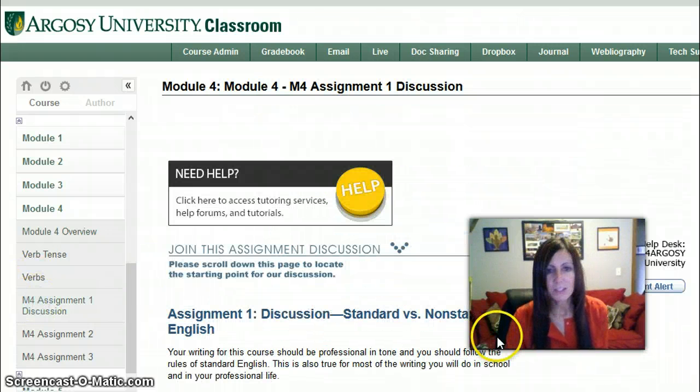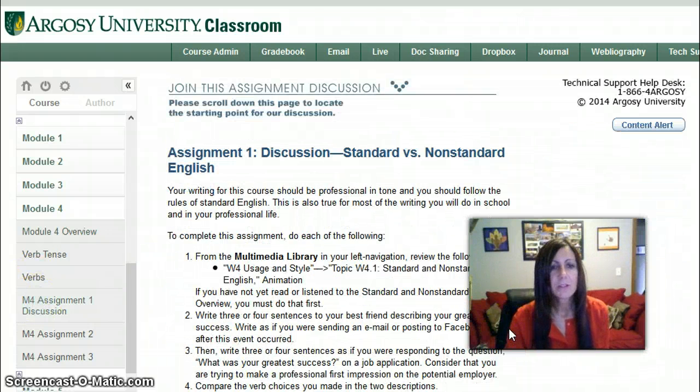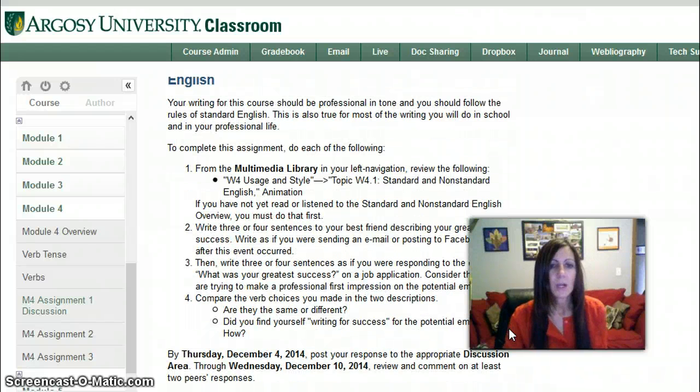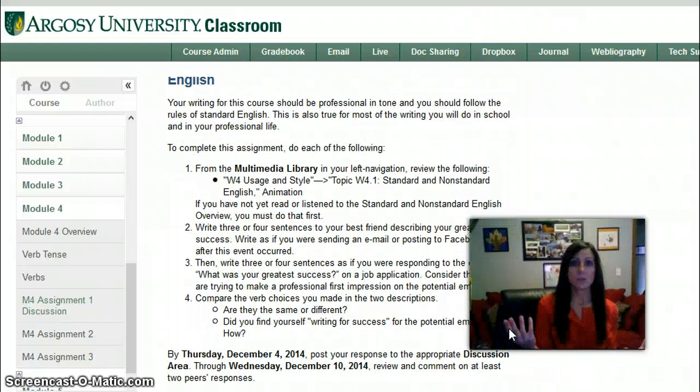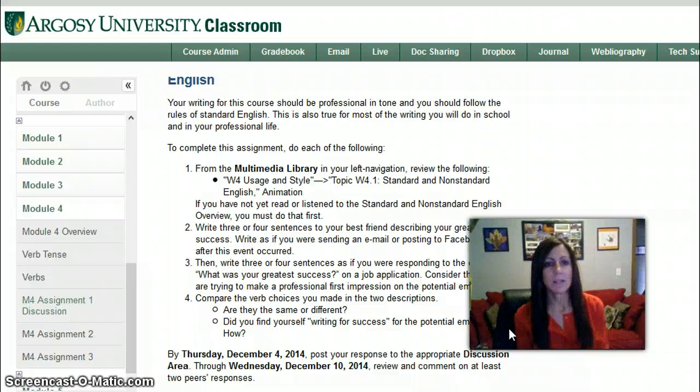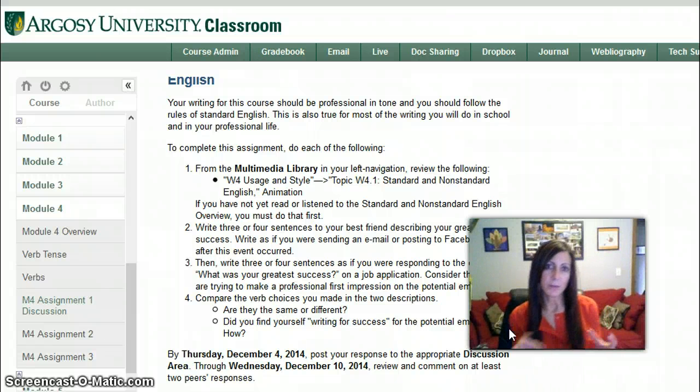So for our discussion this week, what are we doing? For your discussion, you are going to offer two different types of writing. The first type of writing is going to talk about your greatest success in informal language. So you can use the informal tone, and you'll write about an exchange that you had with a friend when you were talking about your greatest success.